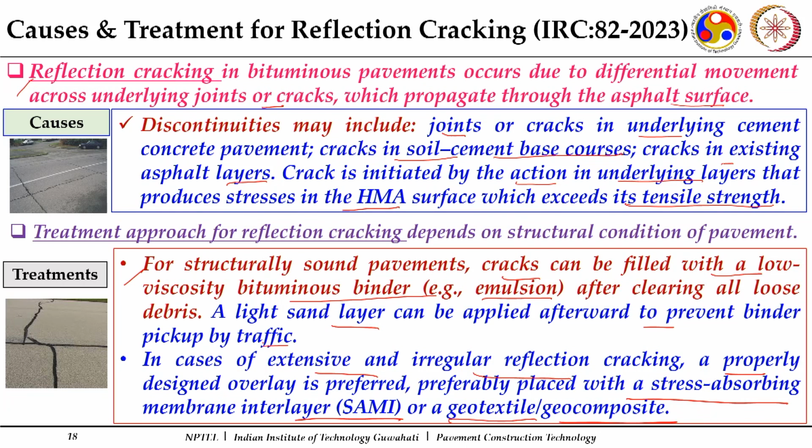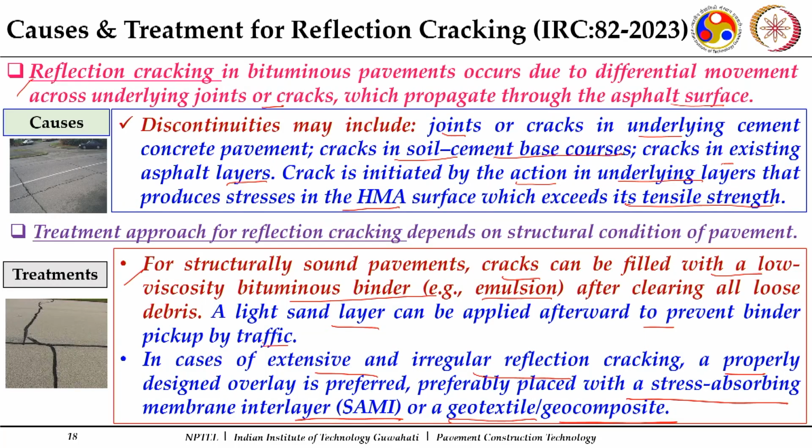It can add to the structural strength. If it is a combination of, say, geotextile and geonet, whatever water is there from the underlying layers can be taken out through the geonet, so it will add to the structural strength also.